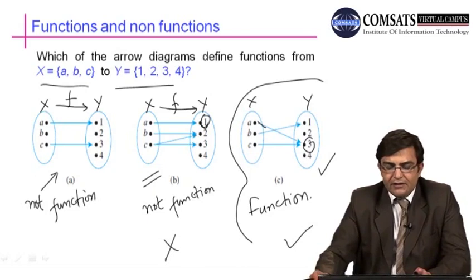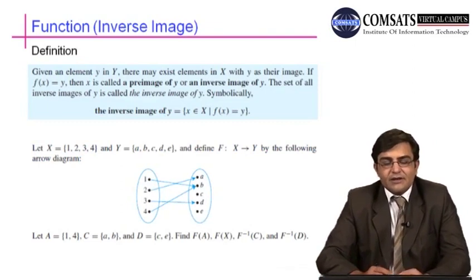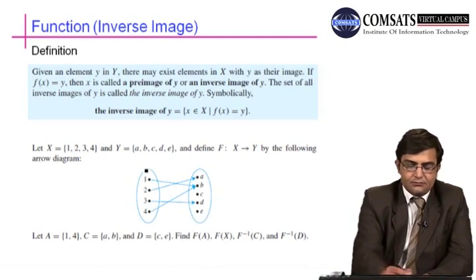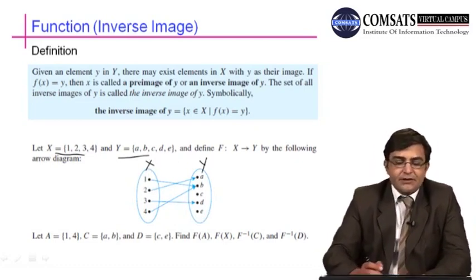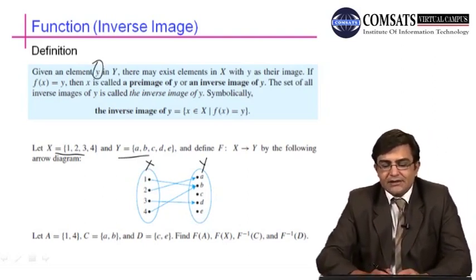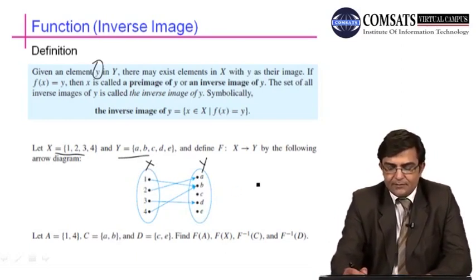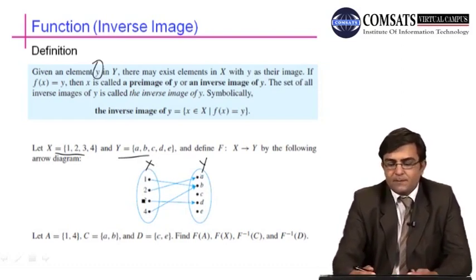Now we define the inverse image. If we are given an element y of the set Y, for example this is set X, this is set Y, if we have any element y in Y, there may exist elements in X with y as their image, as here b is the image of 1, b is the image of 4, a is the image of 2.